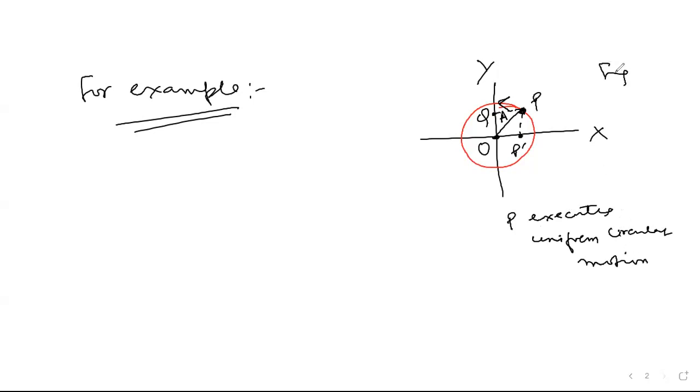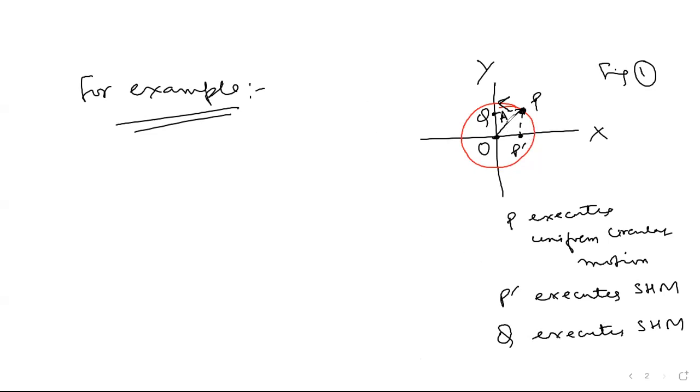We name it figure 1. P prime, which is the projection of P on the x-axis, executes SHM, simple harmonic motion. And Q, which is another projection of this point P on the y-axis, also executes simple harmonic motion, right?